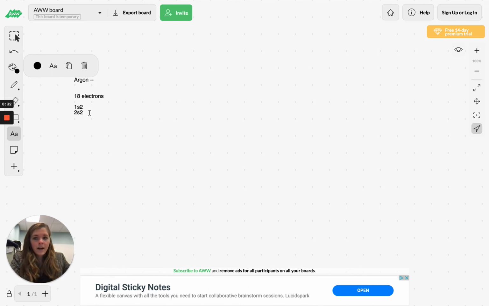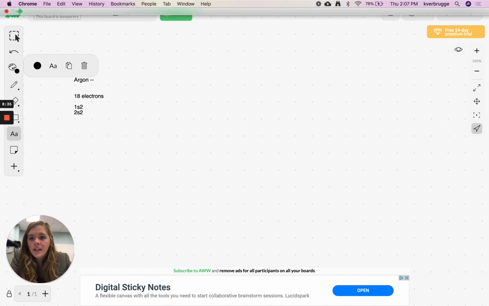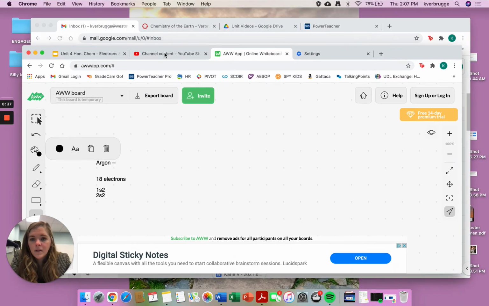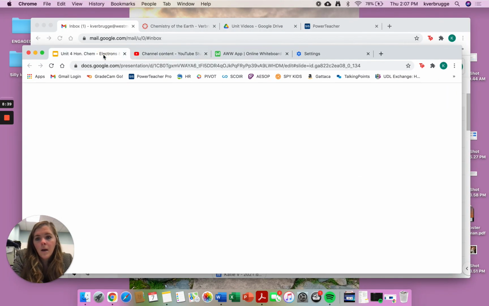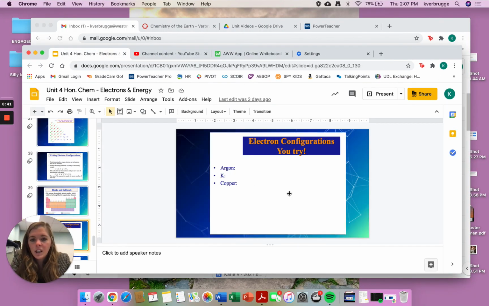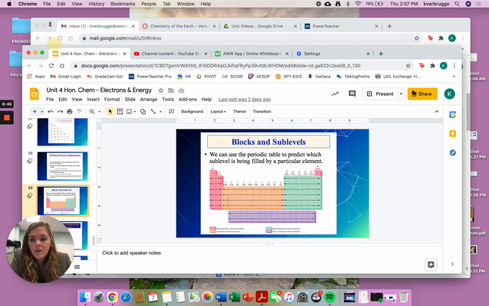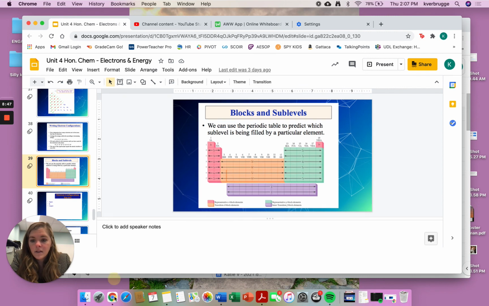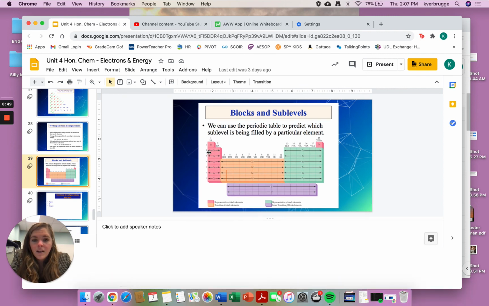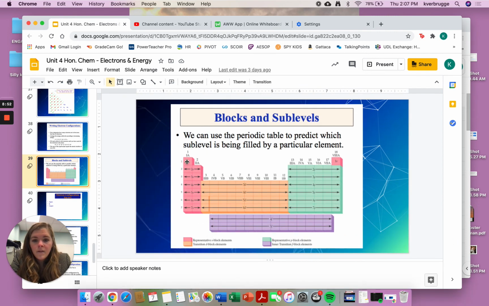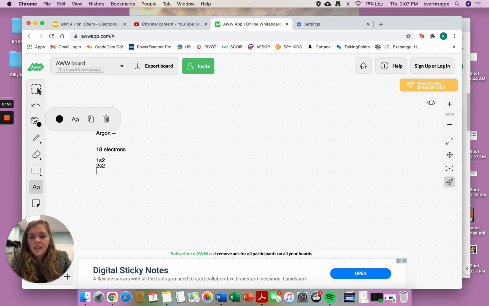After 2s2, you can see in our periodic table that we went from 1s2 to 2s2, so we have to jump over to 2p, and our 2p can hold 6 electrons. So our next thing is 2p6.